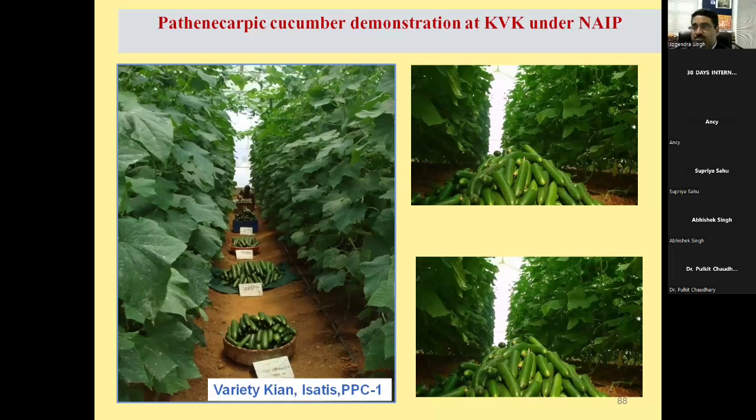And the third crop will be put in the last week of January and first week of February, coming up to May or June. So three crops are taken under the same polyhouse within a year, with the same planting material, same fertilizer, same others.